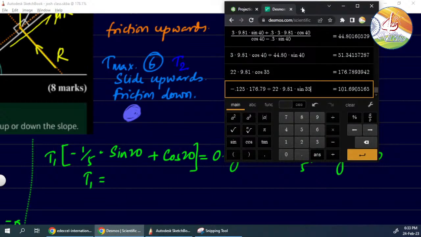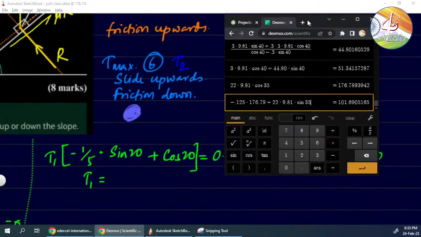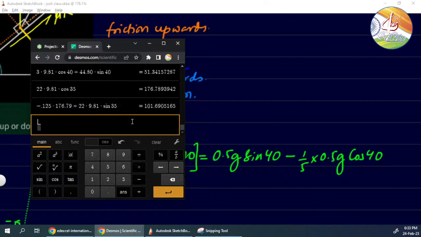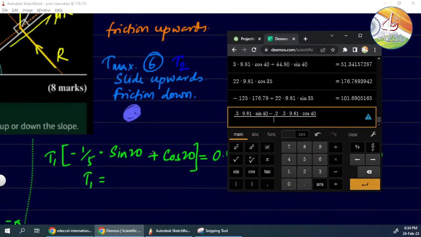So let's go ahead and do this over here. So first is this component. So let's take A by B format. 0.5 into 9.81 into sine 40 minus 1 by 5, that is 0.2 into 0.5 into 9.81 into cos 40, and in the denominator we should have this quantity.